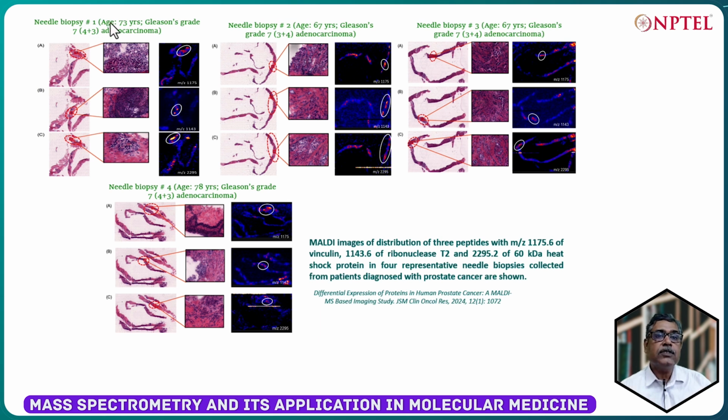This is from a patient 73 years old, this is 63 years old, 67 years old, 67 years old, another patient 70-80 years old, all are cancer patients. So, the MALDI-image of the distribution of 3 peptides with m/z 1175.6 of vinculin, 1143.6 of ribonuclease T2 and 2295.2 of 60 kilodalton heat shock protein in 4 representative needle biopsies collected from patients diagnosed with prostate cancer are shown here.